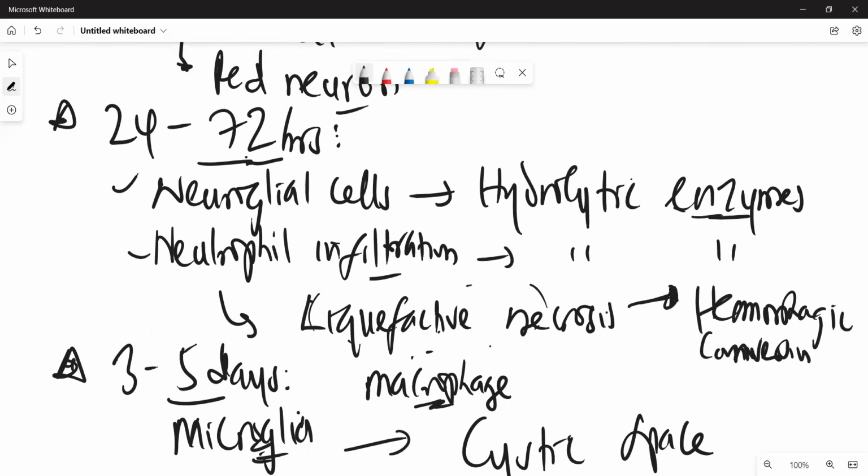Because there are different types of stroke, which we want to talk about later, ischemic stroke, hemorrhagic stroke, right? So those patients are at high risk for hemorrhagic conversion. That's why if somebody is having an ischemic stroke, we normally tend to hold off on anticoagulation. We don't want to put them on therapeutic anticoagulation because of this risk of hemorrhagic conversion, during when the brain is very soft.